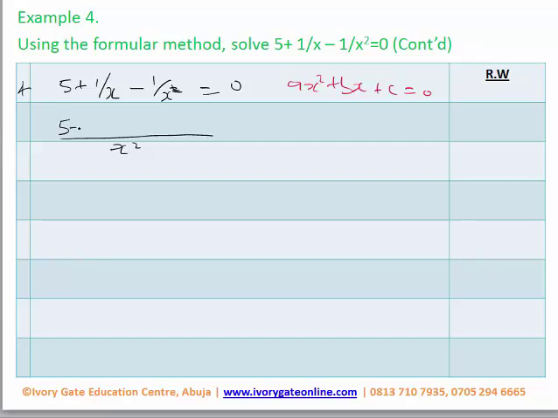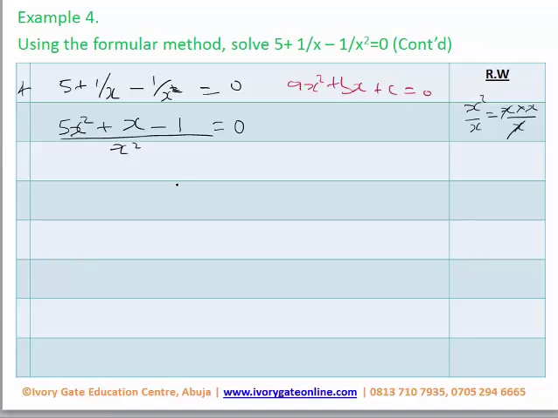We have 5x squared plus, here we have 1 over x. The denominator is x, so x squared divided by x is x. Remember, x squared is x times x all over x. As we cancel x, leaving x. So x now times 1 is x, minus x squared divided by x squared is 1, times minus 1 will still give us minus 1, is equal to 0.